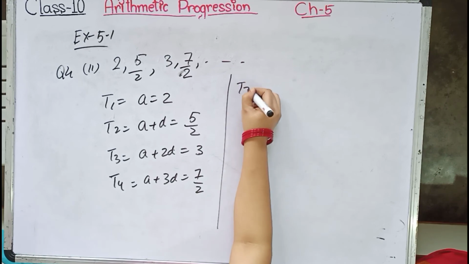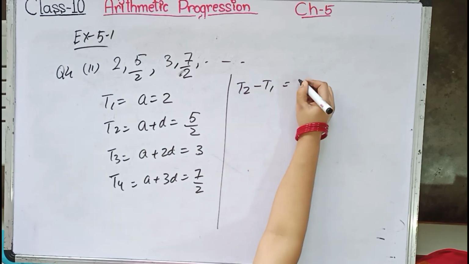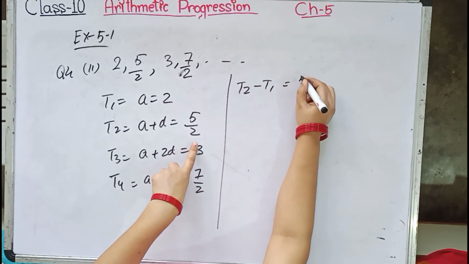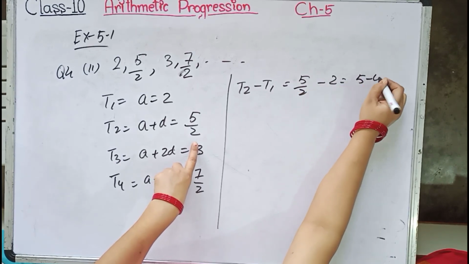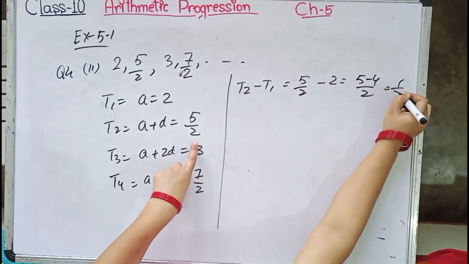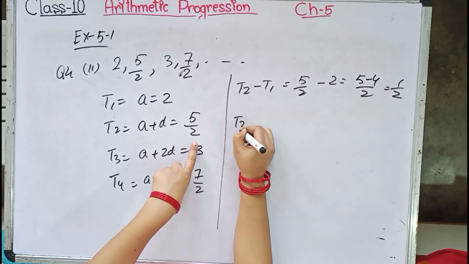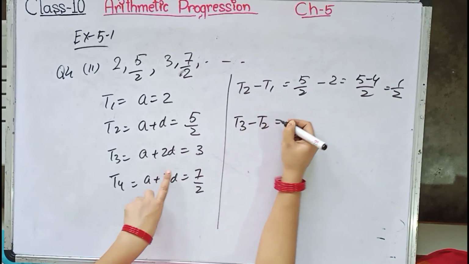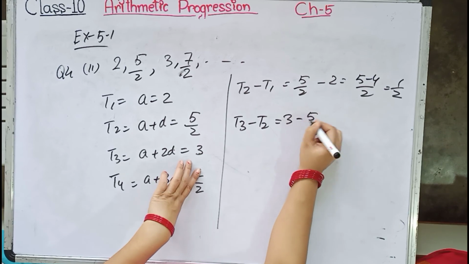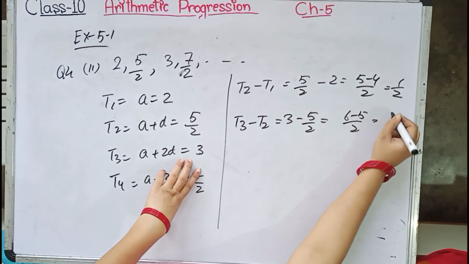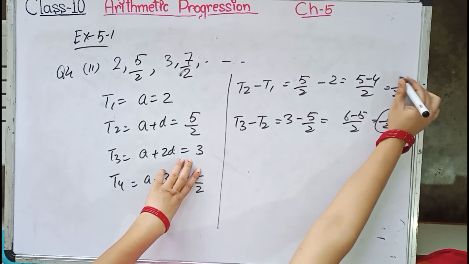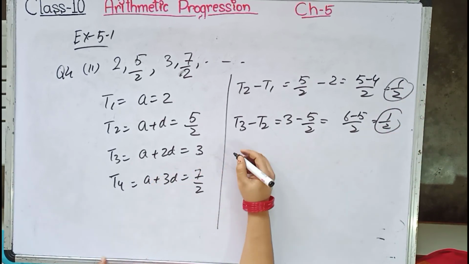Now T2 minus T1 equals 5 by 2 minus 2 equals 5 minus 4 by 2 equals 1 by 2. T3 minus T2 equals 3 minus 5 by 2 equals 6 minus 5 by 2 equals 1 by 2. So again it is coming the same.